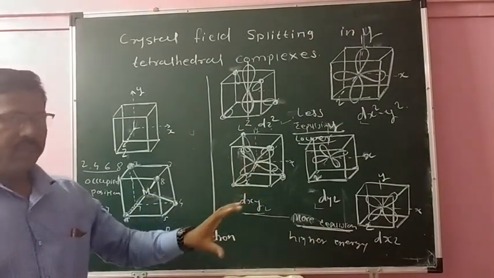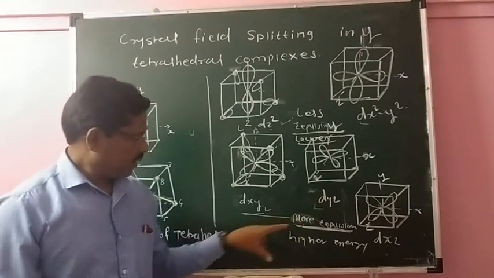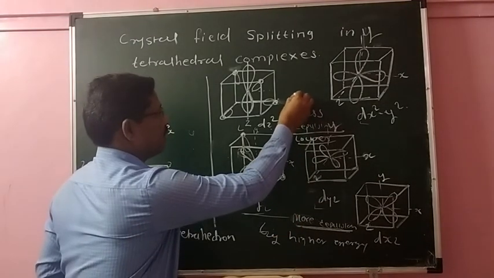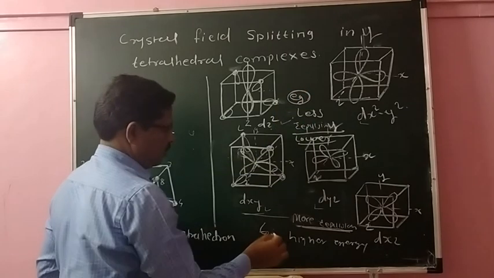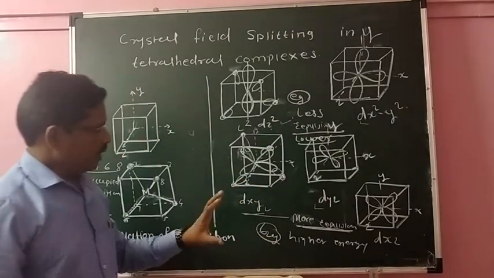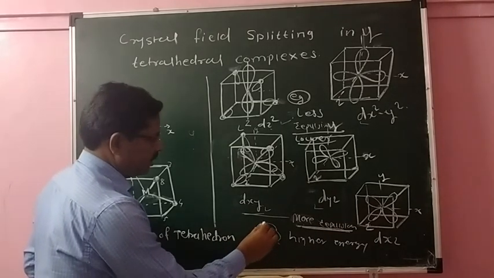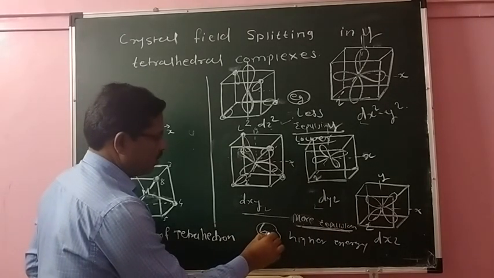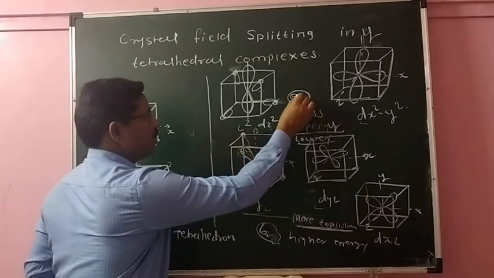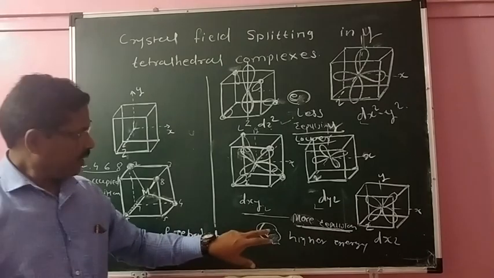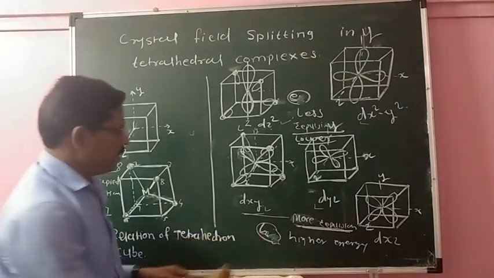In octahedral complexes these are known as the T2g and Eg orbitals. But in the case of tetrahedral complexes they are T2 orbitals and E orbitals only. So why in tetrahedral complexes is it represented as T2 orbitals?